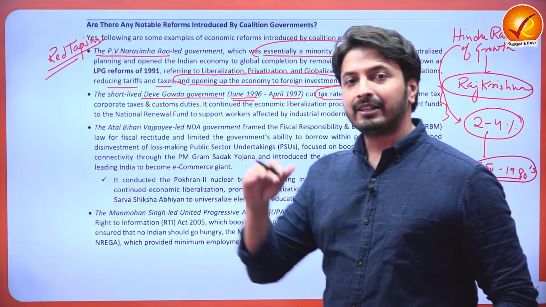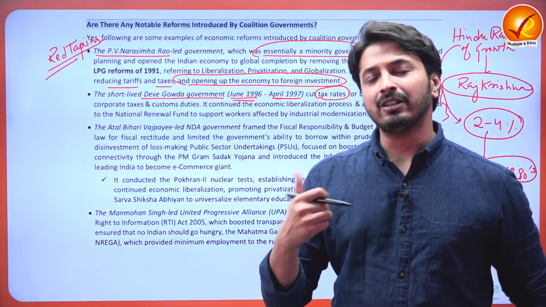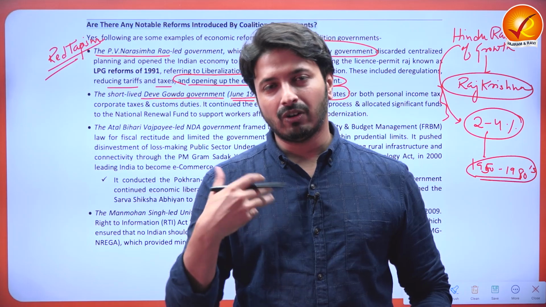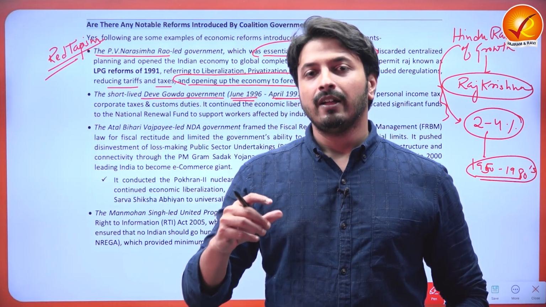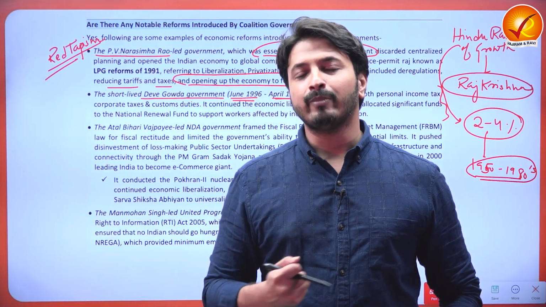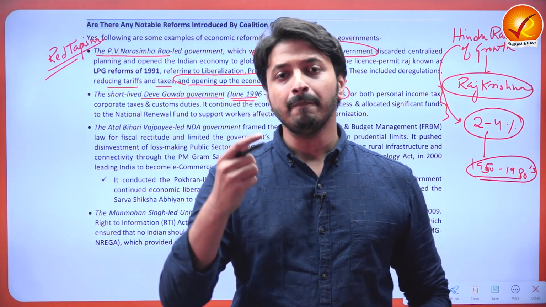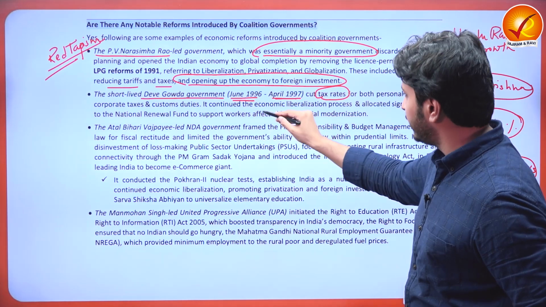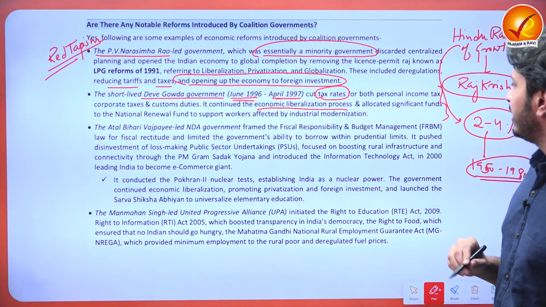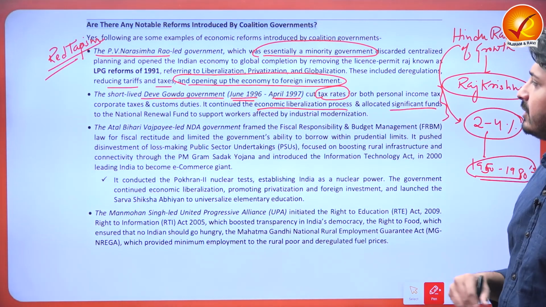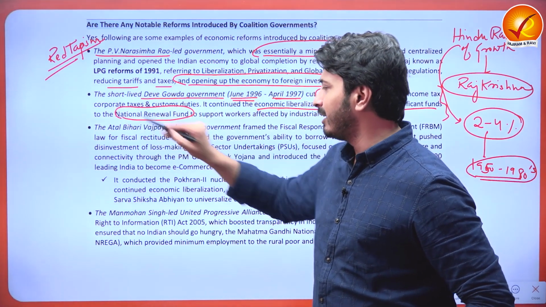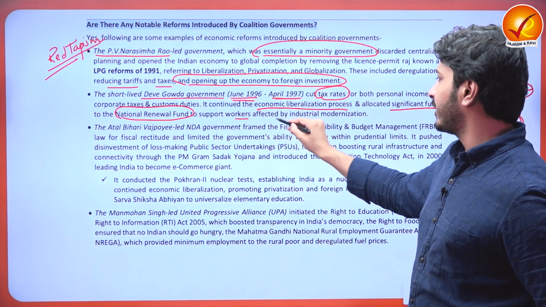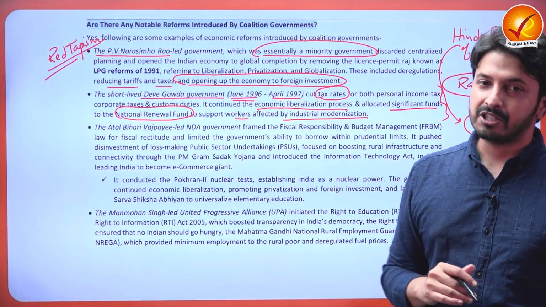And ultimately, when the tax rates reduced, the savings of the people and the organizations improved, and those extra amounts of money started circulating in the economy. Apart from it, they continued the economic liberalization process and allocated significant funds to the National Renewable Fund. That is important to know from the mains point of view, to support workers affected by industrial modernization.